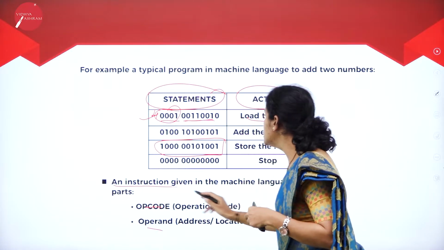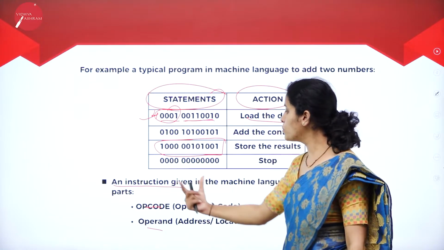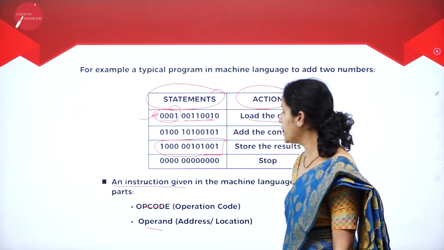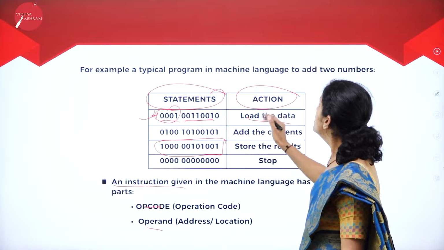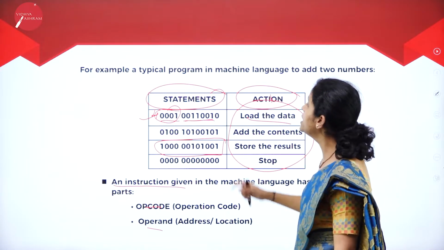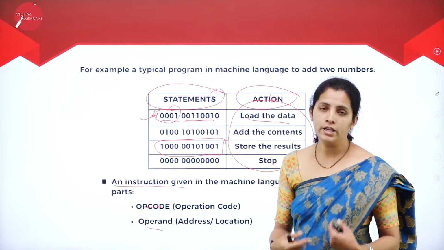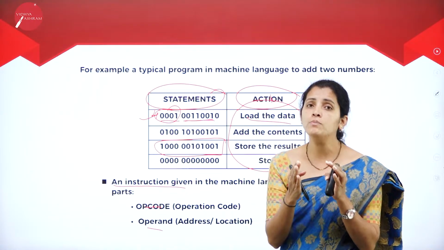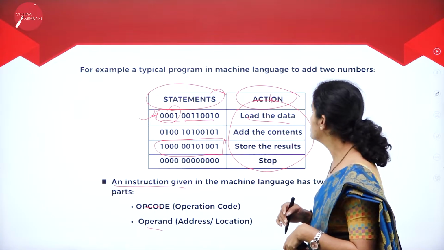An instruction given in machine language has 2 parts, opcode and operand. 8 bits are used to represent the operand and 4 bits are used to represent the opcode. Here we have the action part. In front of each instruction we have an operation, that is, the particular instructions are written to perform a specific action.